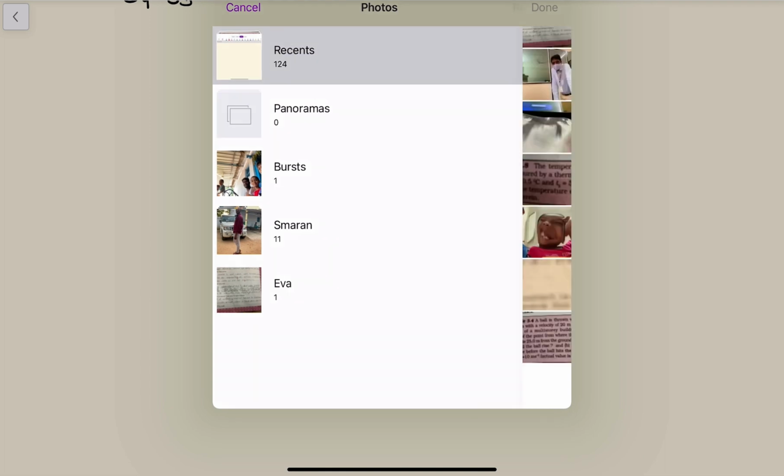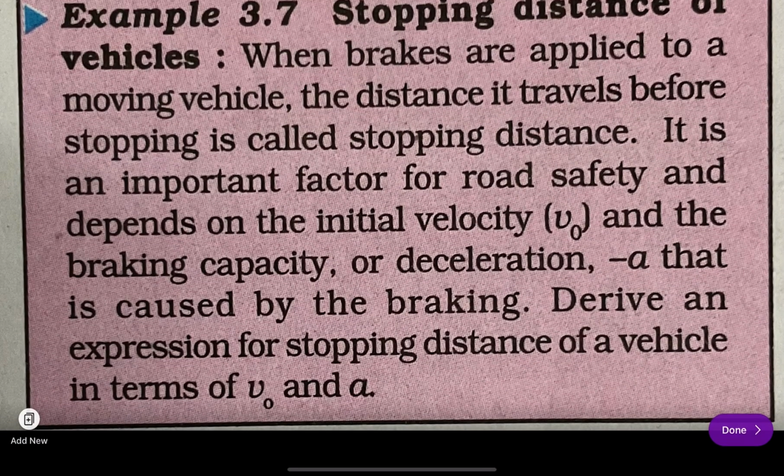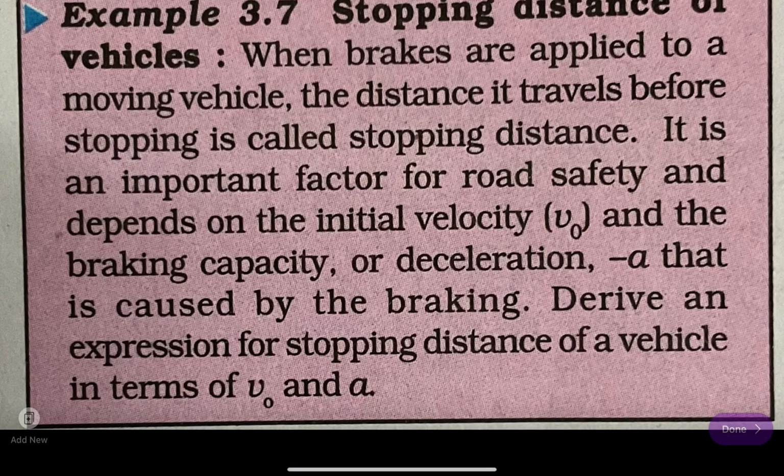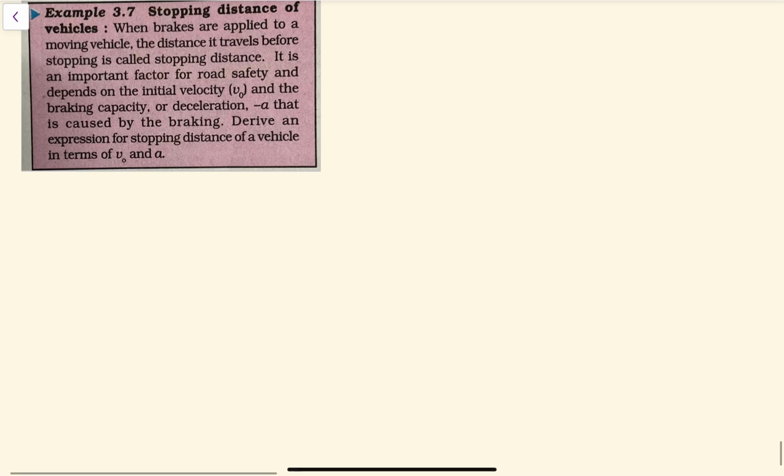We go with another simple problem: stopping distance using retardation. The stopping distance of vehicles. When brakes are applied to a moving vehicle, the distance it travels before stopping is called the stopping distance.